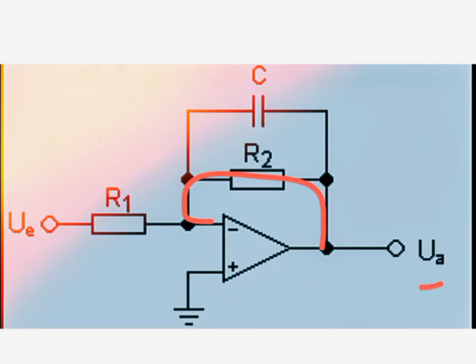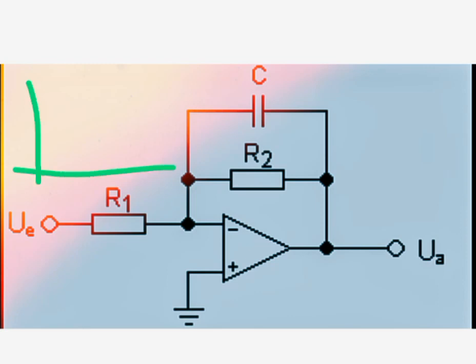And what is the output then? VO would be 0. Why? Because of the virtual short, the ground potential comes to the negative pin, and at the negative pin you have 0 volts, therefore the output is equal to 0 volts. So this circuit is essentially behaving like this. If we draw the response of this circuit, it would be like this.